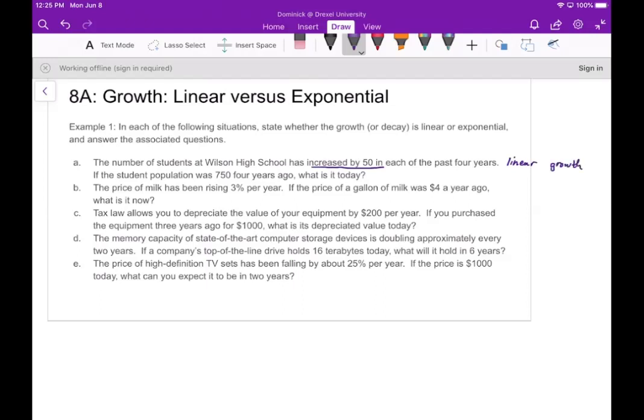So we know that we're going to have something like, for part A, y equals mx plus b. Now we know that in this example, we're starting at 750 4 years ago, and we're increasing by 50 each year. So our m, or our slope, is going to get replaced by 50, and our b is going to get replaced with 750. And of course here, x represents the number of years past when it was 750.